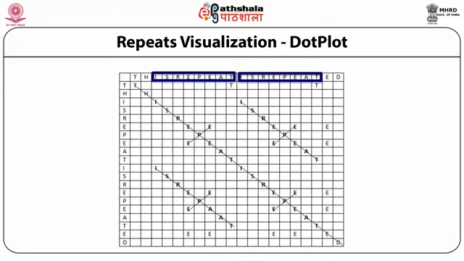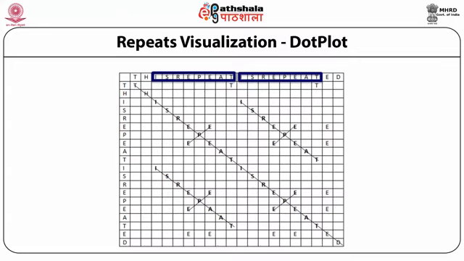Then the visual presentation reveals that there is one main diagonal showing the identity. Since we have used the same sequence as the horizontal sequence and vertical sequence, there is a complete identity diagonal. The lines parallel to the main identity diagonal in this type of intra-sequence comparison reveal the presence of direct repeat sequences.